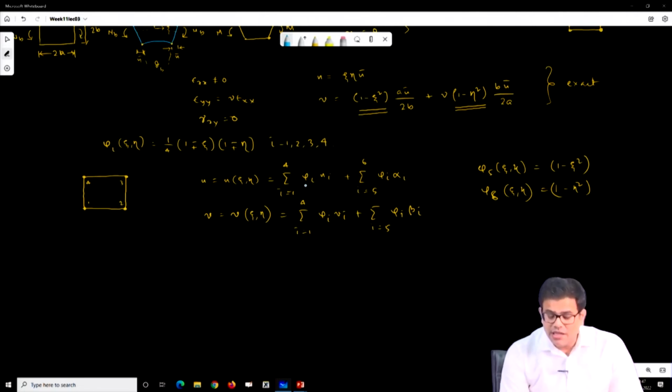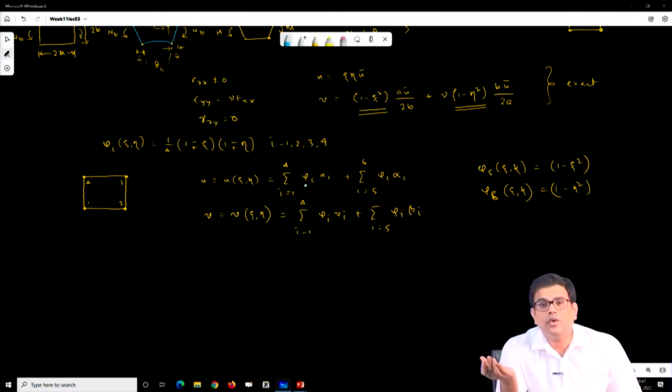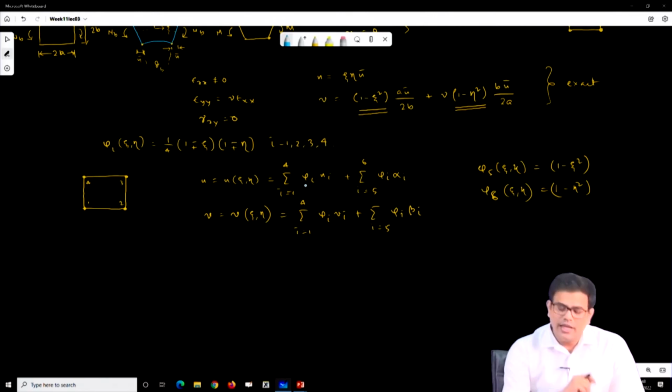So they are not connected to any degrees of freedom, but additionally there are the constants alpha I and beta I. If we consider them, this will create incompatibility. Let us see why.